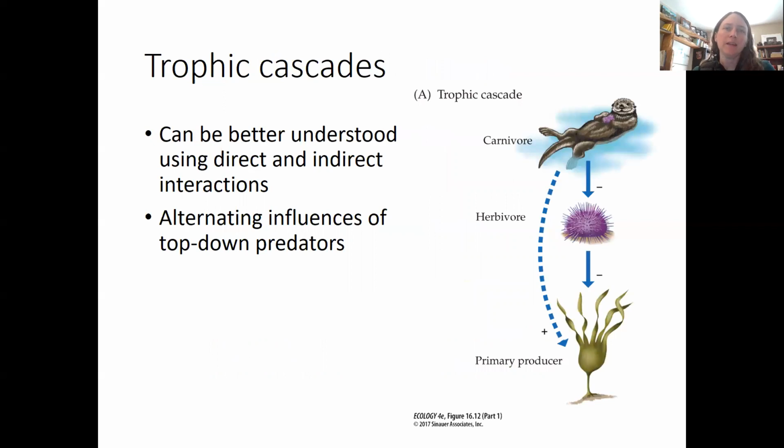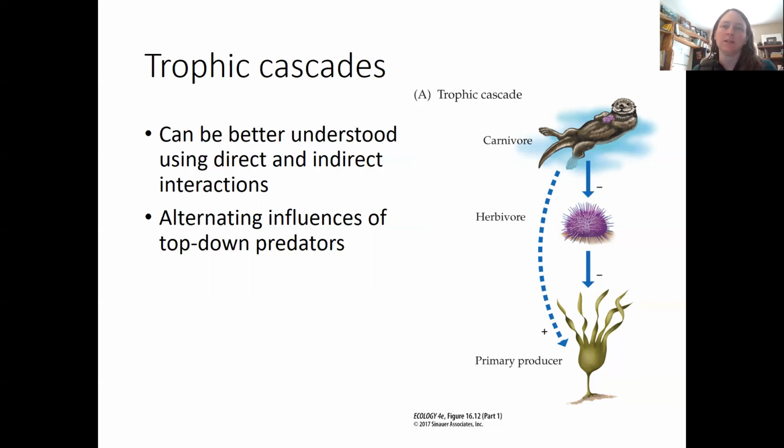These trophic cascades can be better understood now that you understand something about direct and indirect interactions. You have this alternating influence of a top-down predator because you have these direct interactions: predation from the top to the next, and from the middle to the next. So you have predation happening at every level, but there's this indirect effect of the top predator actually causing an increase in primary producers.